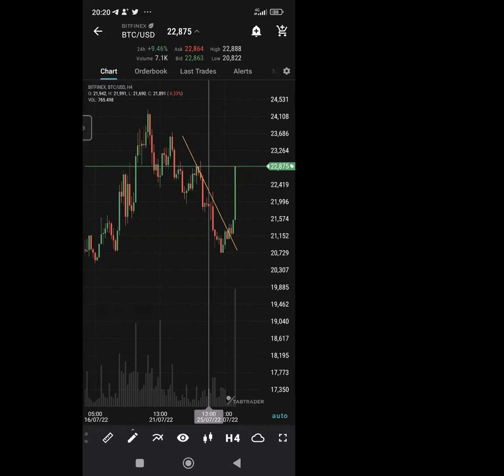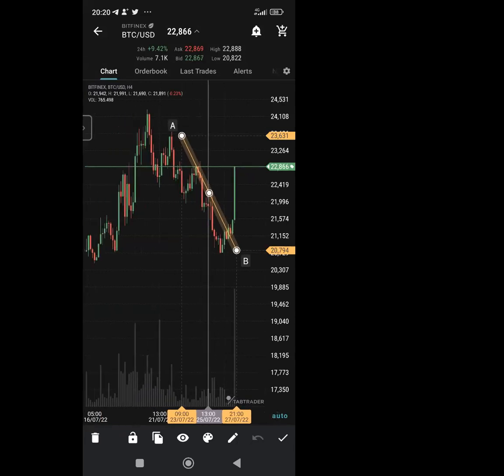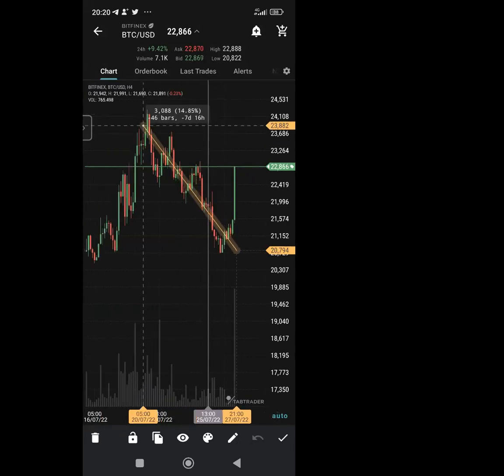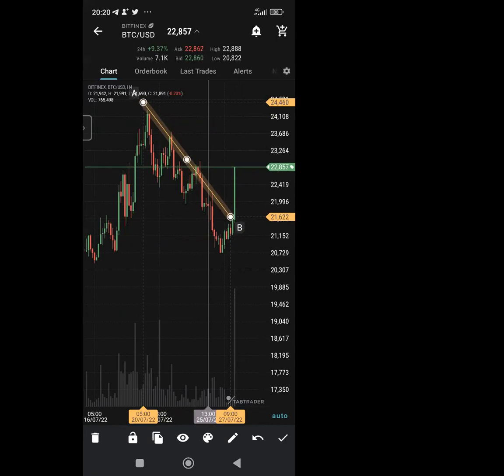Market structure is the structure of the market. Is it a downtrend or an uptrend? Are we on a downtrend or are we on an uptrend?